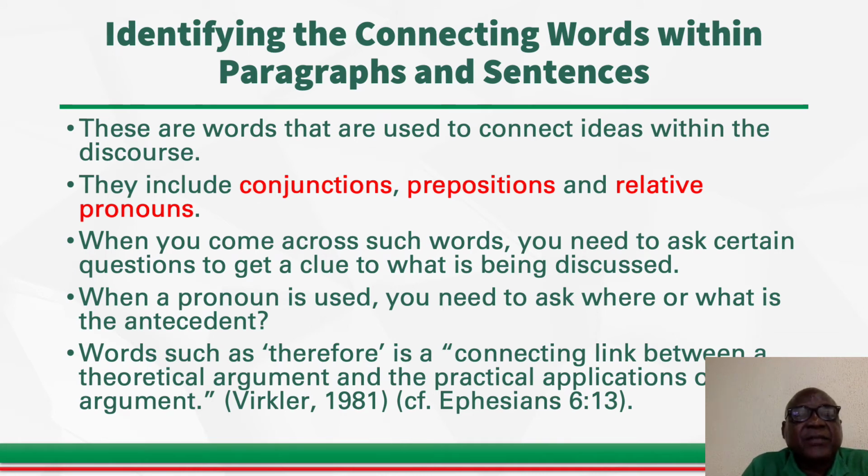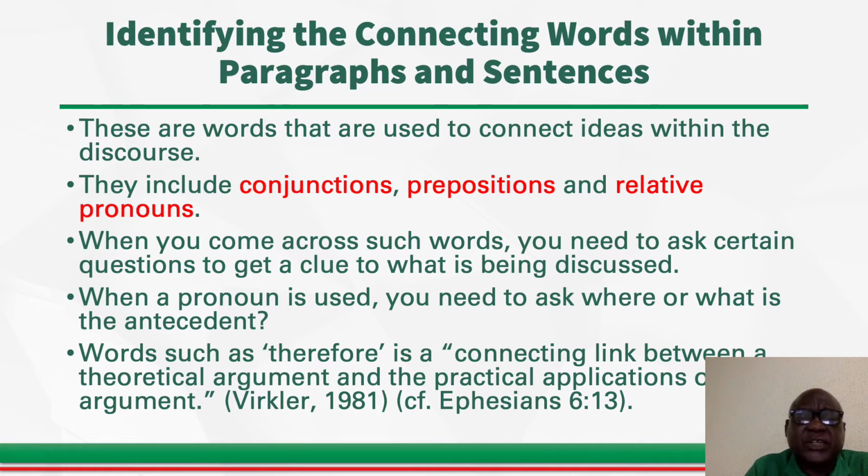Now, the next thing you need to do is to identify connecting words within paragraphs and sentences. These are words that are used to connect ideas. These include the conjunctions, the prepositions, and relative pronouns. When you come across such words, you need to ask certain questions to get a clue as to what is being discussed.